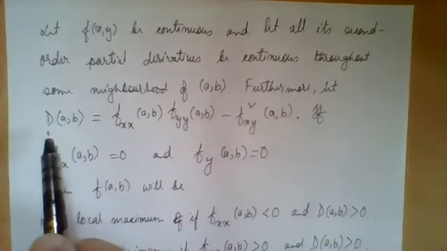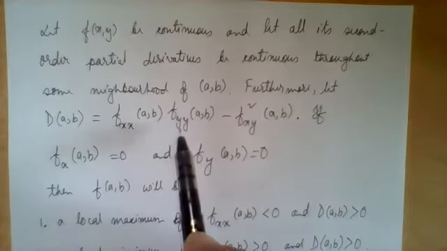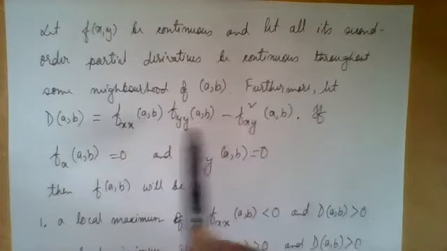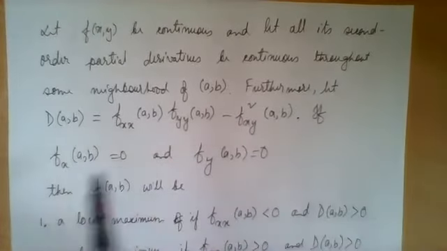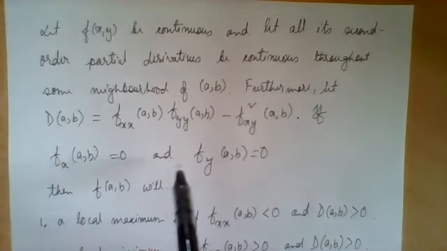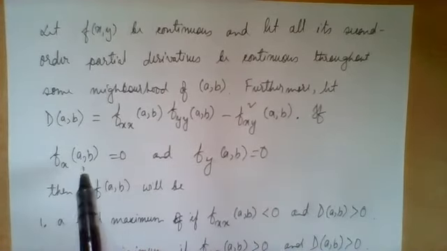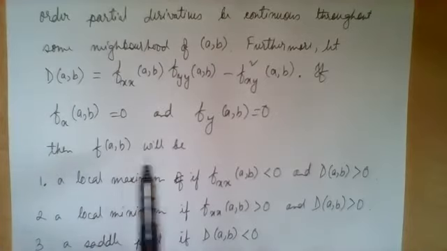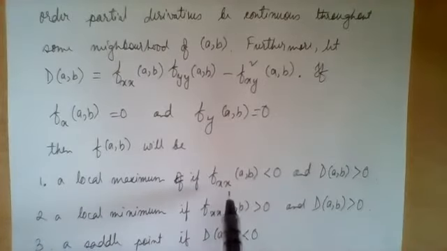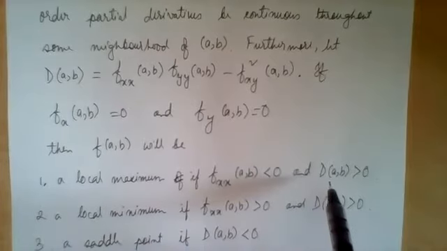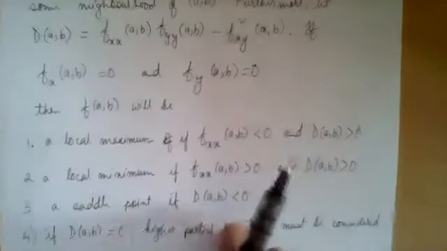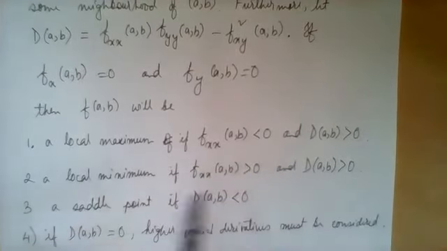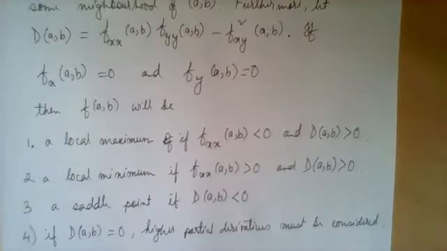Furthermore, let us define a new quantity D, which is fxx multiplied by fyy, both calculated at the point (a, b), minus fxy squared calculated at the point (a, b). If fx(a, b) equals 0 and fy(a, b) equals 0, so that (a, b) is a critical point, then the value of the function at the point (a, b) will be a local maximum if fxx at (a, b) is less than 0 and D at (a, b) is greater than 0. If fxx is greater than 0 and D(a, b) is greater than 0, the function will have a local minimum at the point (a, b).